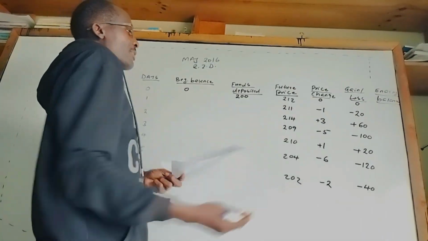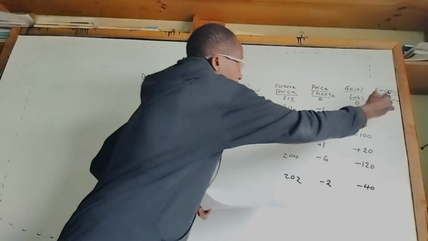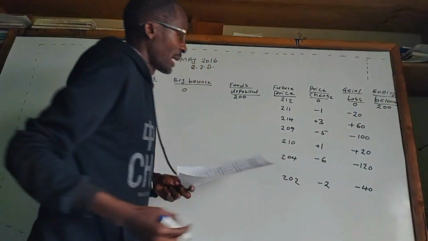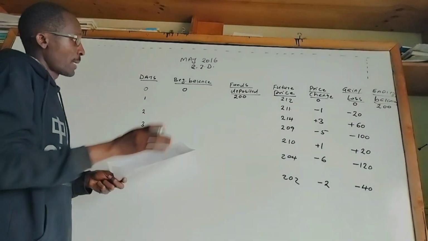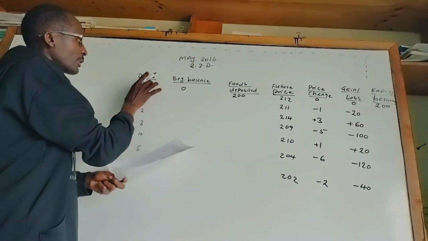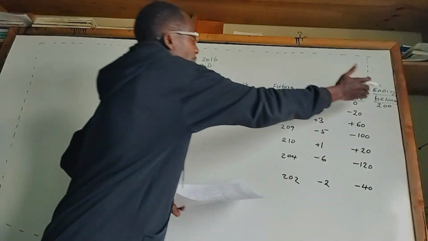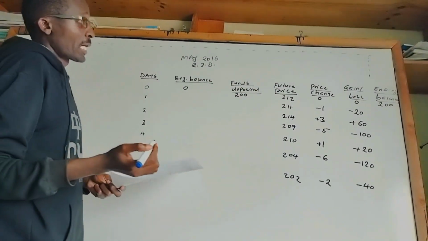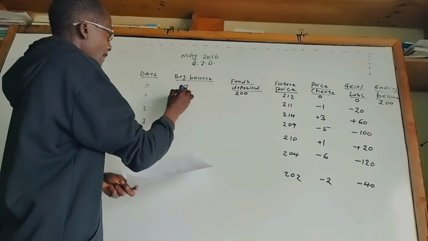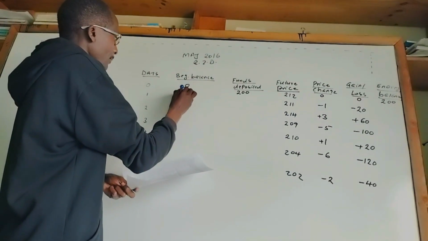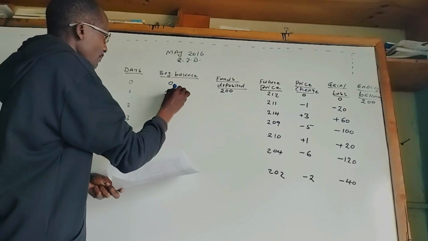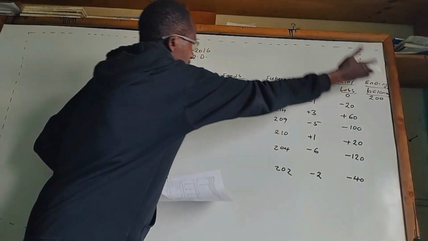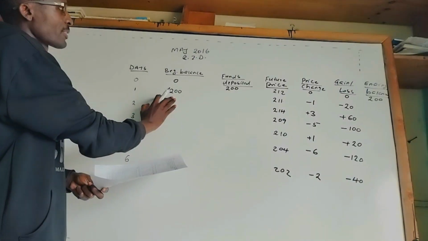So the ending balance there definitely will be 200. That is our ending balance at day 0. Now our ending balance definitely becomes our opening balance. So by the first day, our opening balance is 200, which is our ending balance.